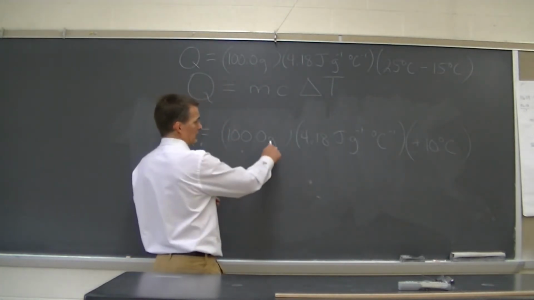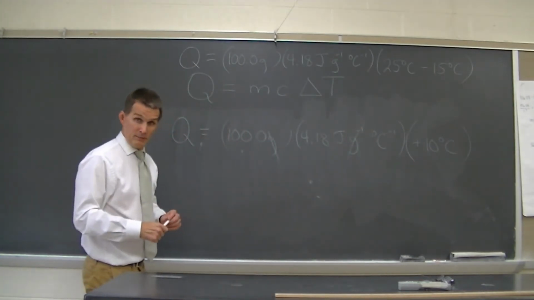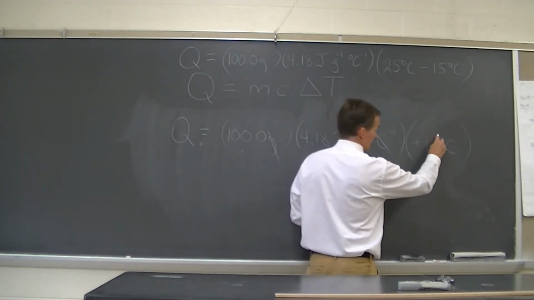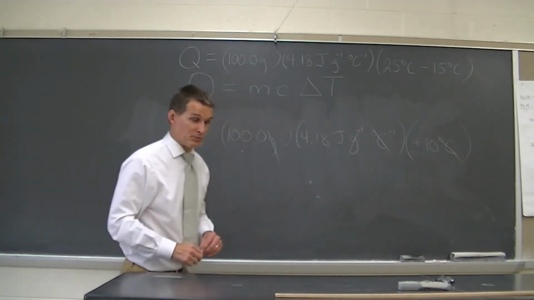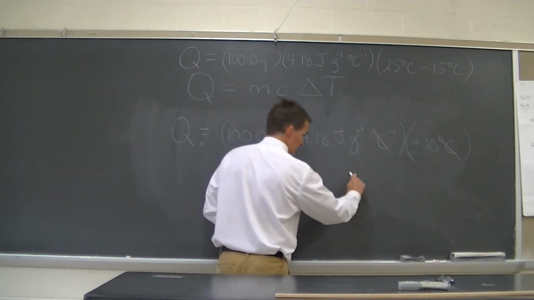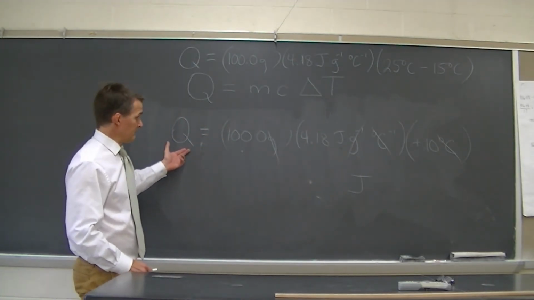If I look at my units here, this gram cancels this inverse gram when I multiply them together. And this inverse degree Celsius cancels this degree Celsius when I multiply them together. And the unit that I'm left with, the unit that survives, is a joule, which is a good thing because I'm looking for an energy, and energy is heat.